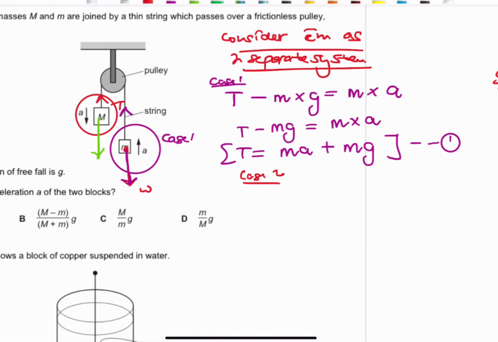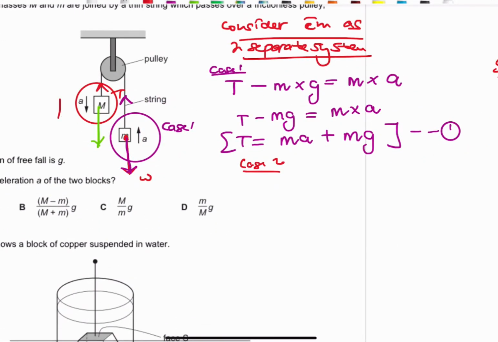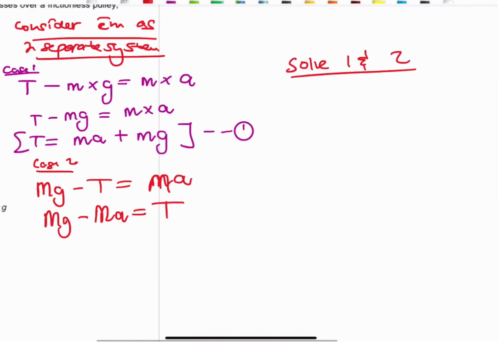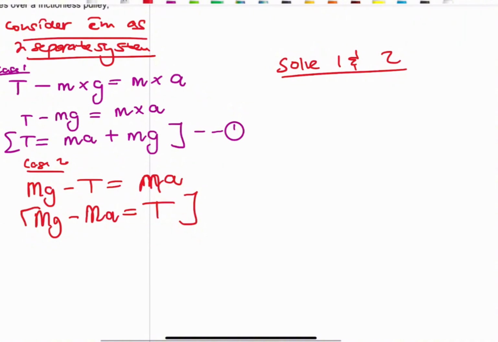Now if I'm considering case 2, the acceleration is downwards, meaning that Mg, the weight, is actually greater than the tension. So it's going to be the big M multiplied by g, minus the tension, equal to your mass multiplied by your acceleration. So if I say Mg subtract the big M multiplied by a, this should be equivalent to my tension. This is my equation 2.